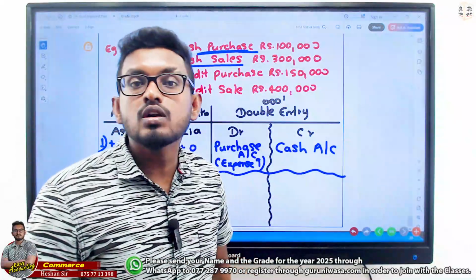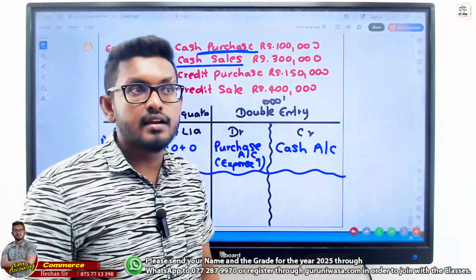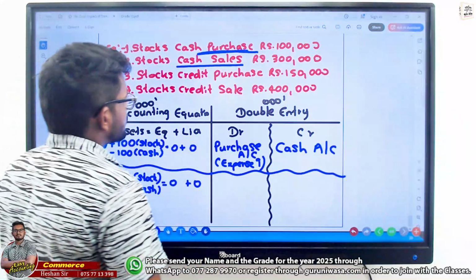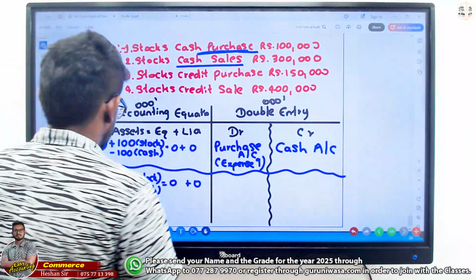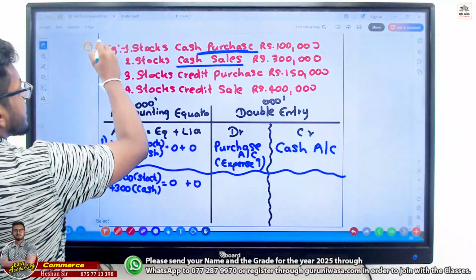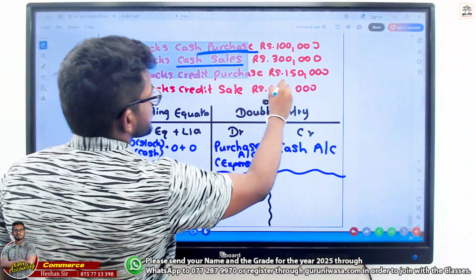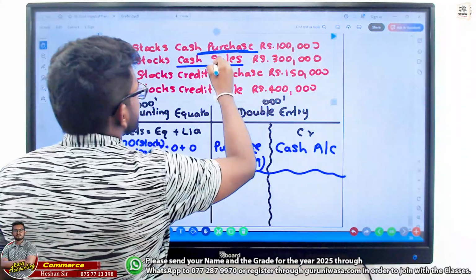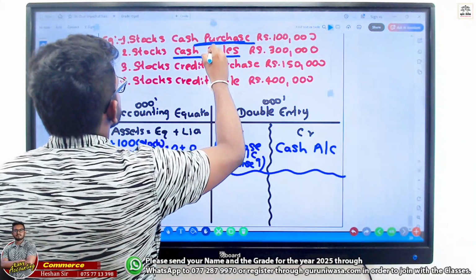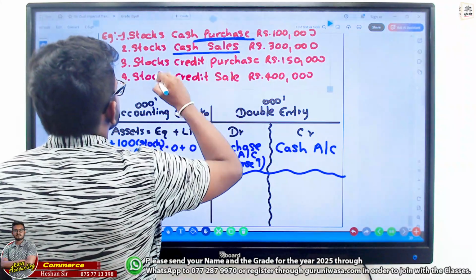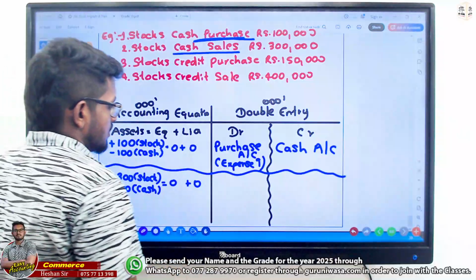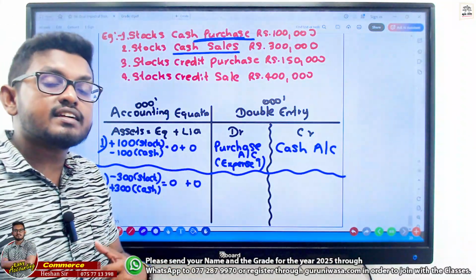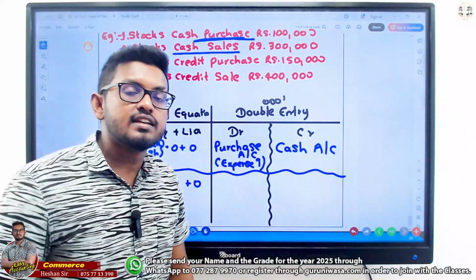As income. All clear to you guys? So because of that, we concern stock sales as, don't write, just listen first. Sales income increases. So when income increases, is it debit or credit? Can anyone tell?